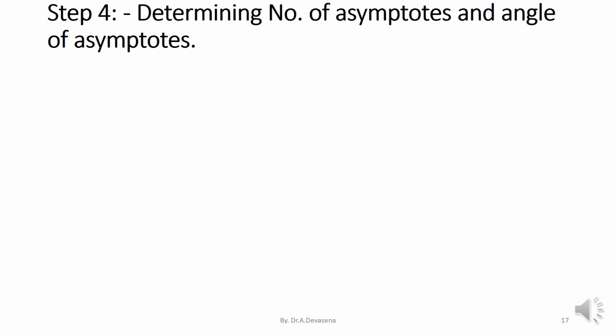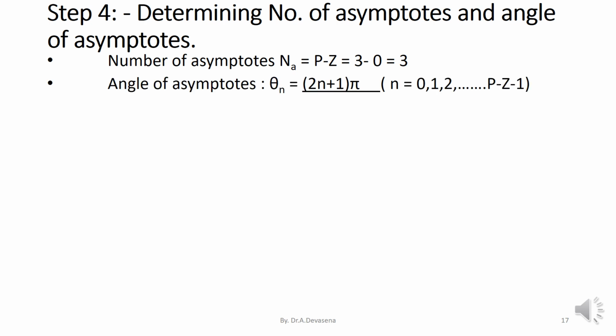Now we are going to determine the number of asymptotes and the angle of asymptotes. The formula for calculating the number of asymptotes is N_A equal to P minus Z, that is 3 minus 0. Its value is 3. Now we are going to calculate the angle of asymptotes.